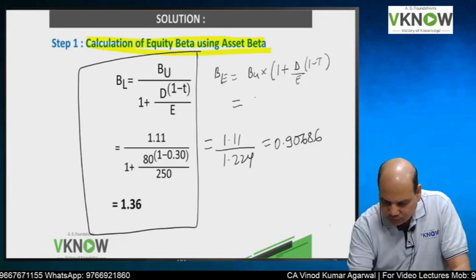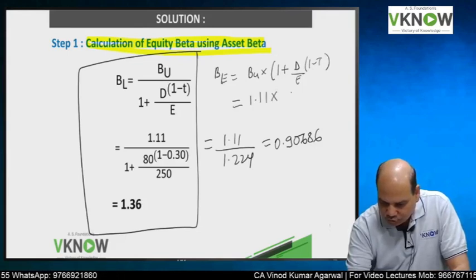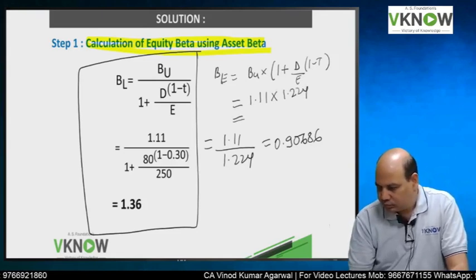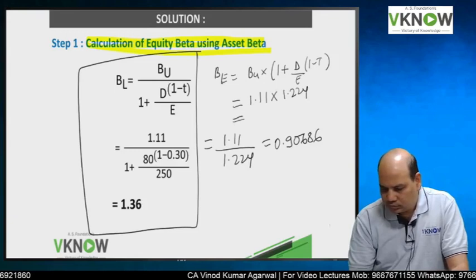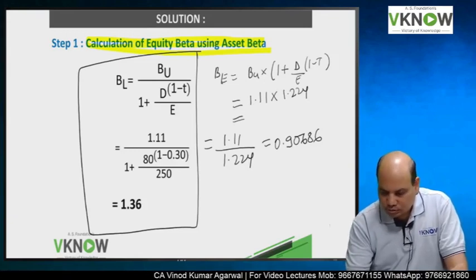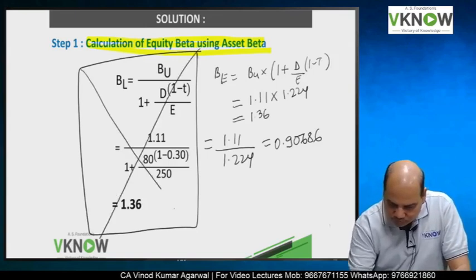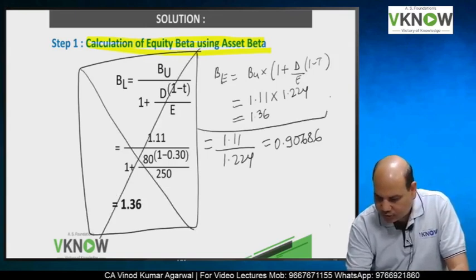So that will be 1.11 into 1.224. Now check the answer. 1.11 into 1.224, 1.36. My mistake. You write this answer. This is right.